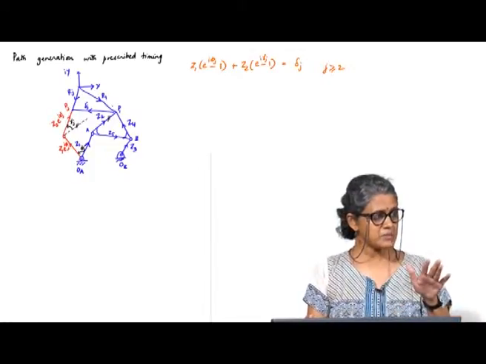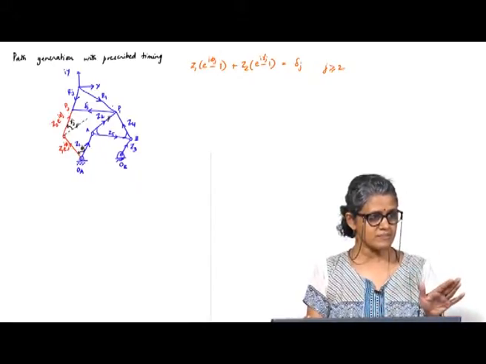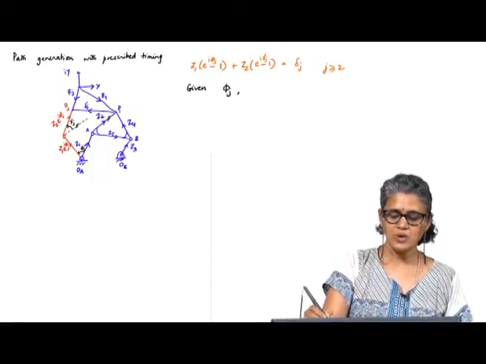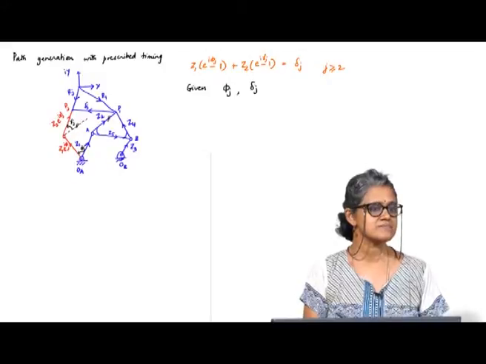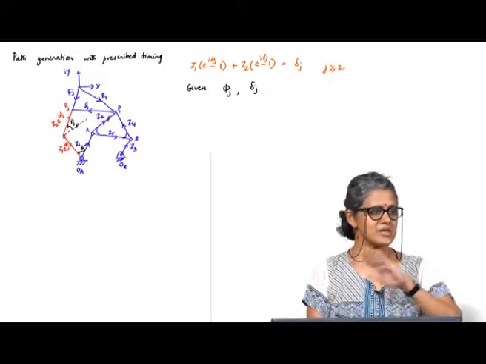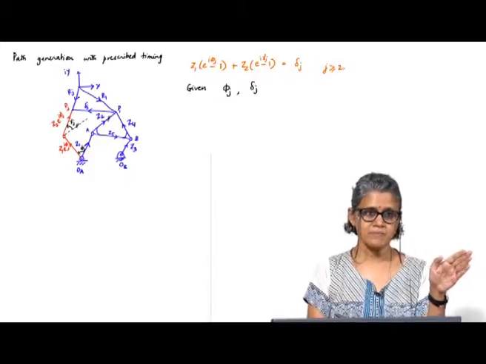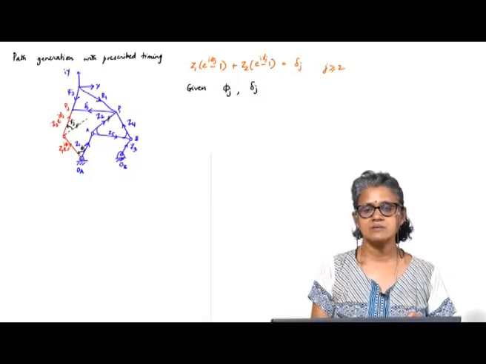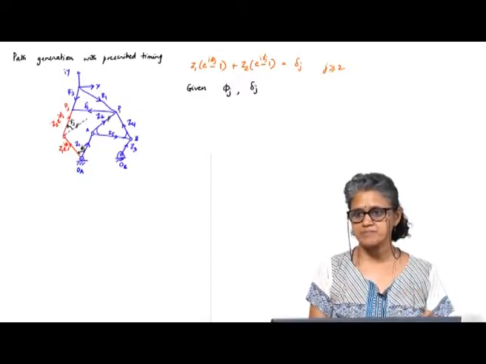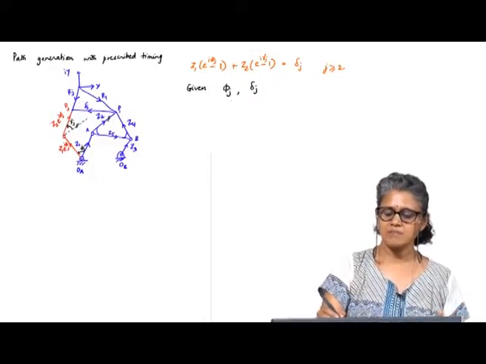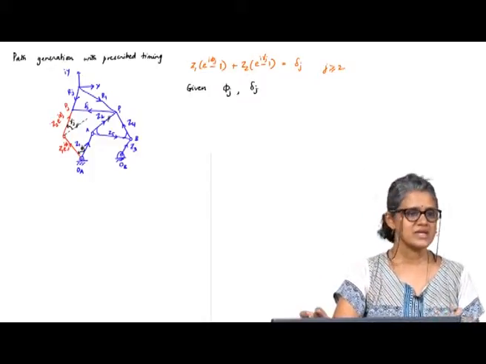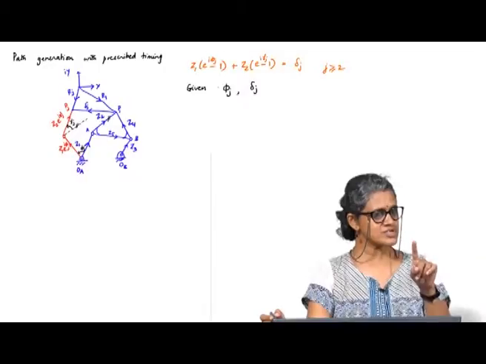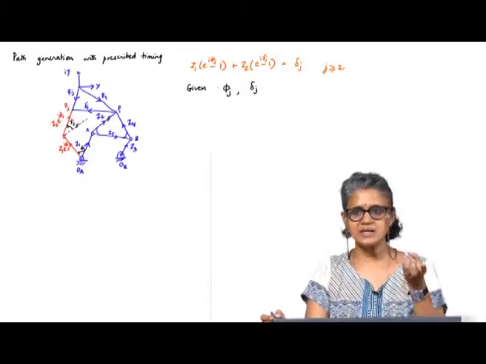With prescribed input timing means given phi j, you have a corresponding delta j. Every time the input link moves through a certain angle, the path point should undergo a certain displacement. So here essentially you will be given phi j and delta j. If you look at the form of this equation, for the motion generation we were given delta j and gamma j.